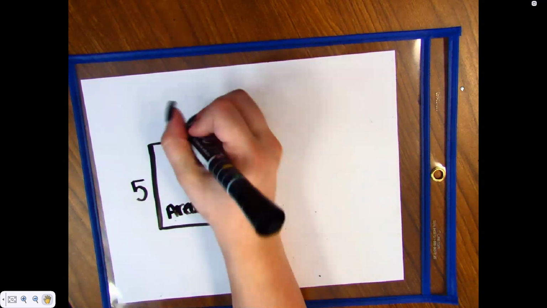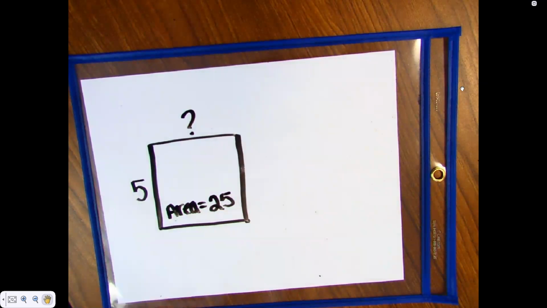And I'm missing this side. What could I do to find that missing side? Think about all the different operations that we've learned. Bella, what could I do to find that missing side?